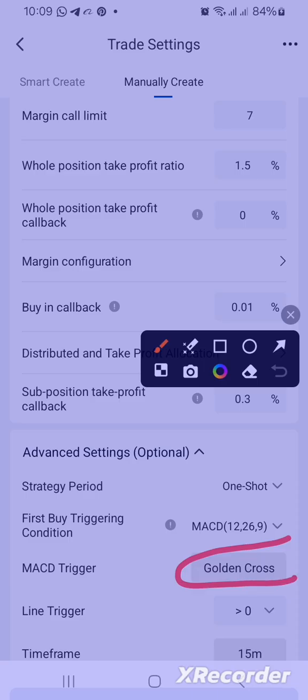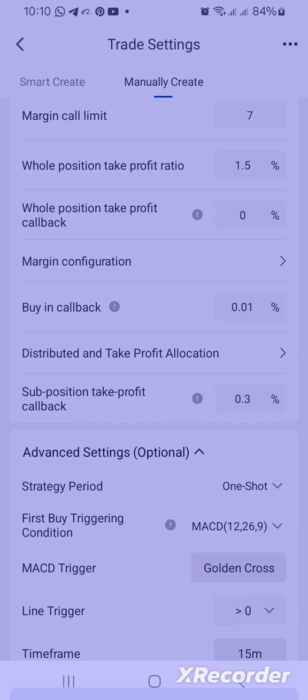Remember the golden cross, we said the golden cross is when the golden line crosses the pink line when it is coming from down going above. That is the golden cross. And here also it can ask you, do you want a golden cross to appear when it is below the zero line or above the zero line?